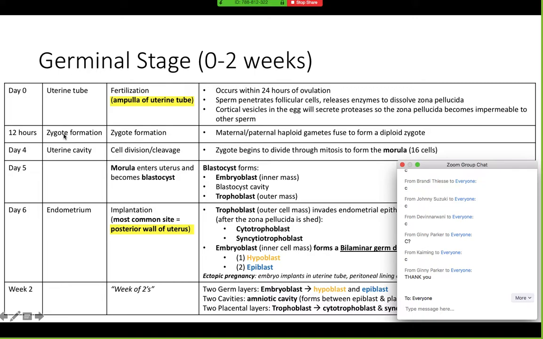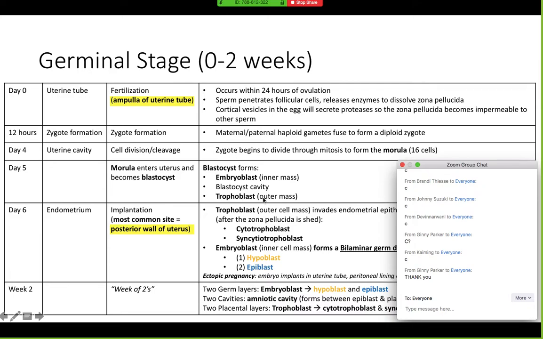Within the first 12 hours, you have formation of the zygote. Maternal and paternal haploid gametes fuse to form a diploid zygote. The zygote then begins to divide through mitosis and forms a ball of 16 cells known as the morula. The morula enters the uterus and becomes the blastocyst.